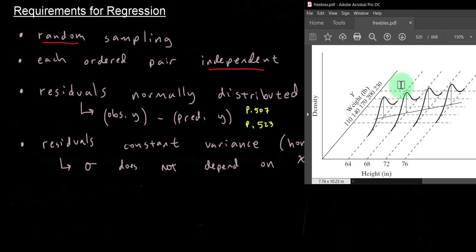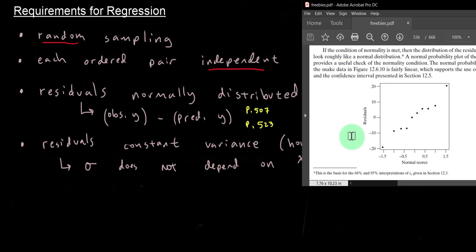It's almost like a three-dimensional image here. And if x is normally distributed across the domain of those x's, then you're going to have residuals that are also normally distributed.